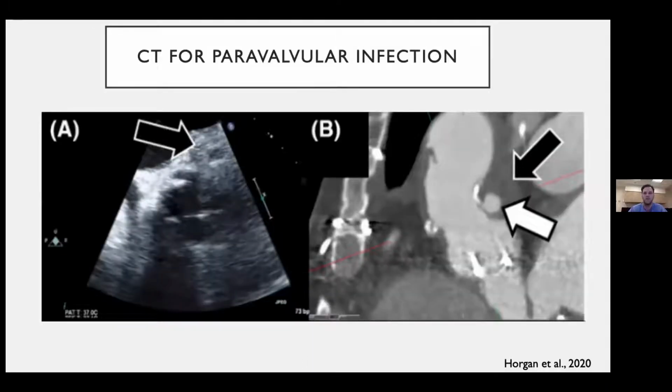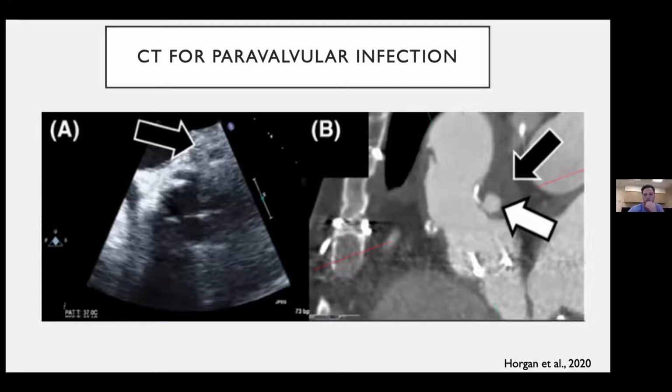So yeah, I can touch on CT at this point. I found this example in a study by Horgan and colleagues. It's an example of a prosthetic aortic valve where endocarditis was suggested. A TEE was done in panel A, and it was suggestive, but not diagnostic of paravalvular infection.